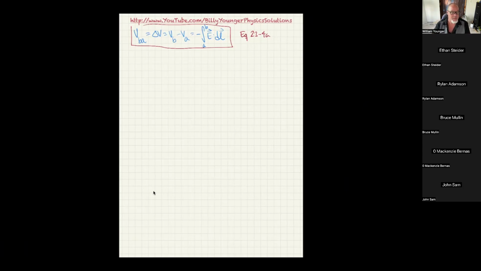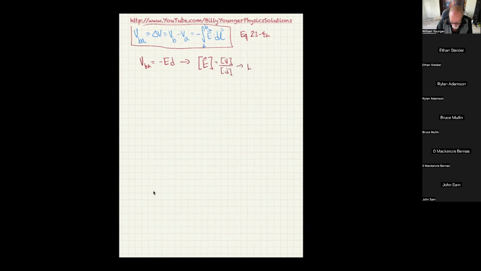So if VBA equals, for instance, negative E times D, that tells you there's another unit for the electric field: the unit for volts divided by the unit for distance.